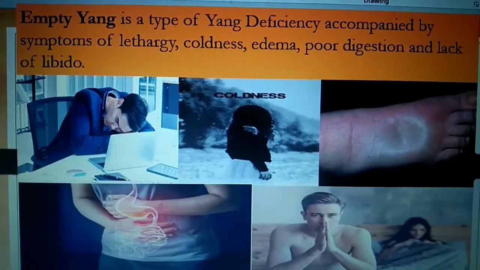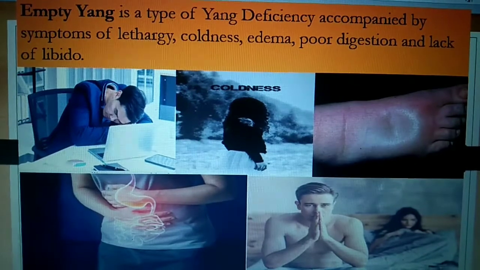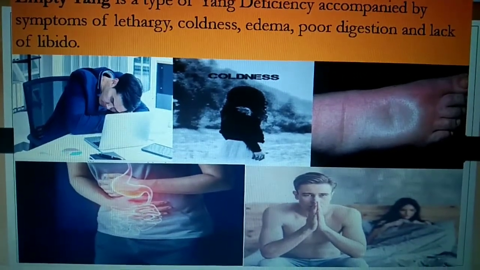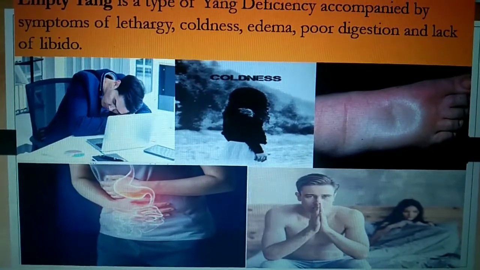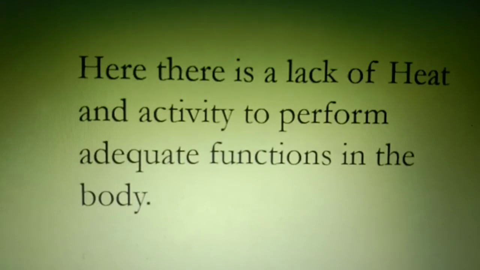Let us read the empty yang. Empty yang is a type of yang deficiency accompanied by symptoms of lethargy, coldness, edema, poor digestion, and lack of libido. Here, there is a lack of heat and activity to perform adequate function in the body.